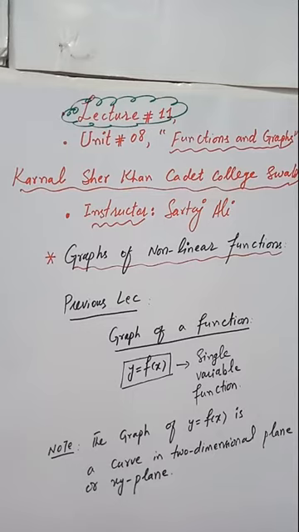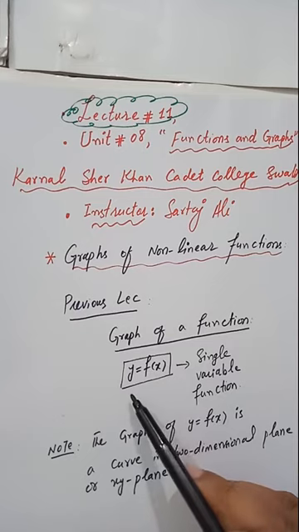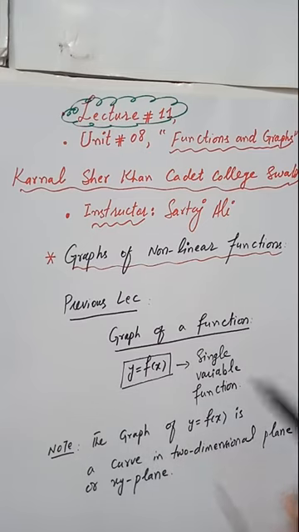And how can you construct that ordered pair? You need to give x a value from the domain of the function, and you will get the value from the given function, that will be the value of y. So make an ordered pair from those values and plot that in the plane. Join those points in the plane, and you will get the curve of the given function.